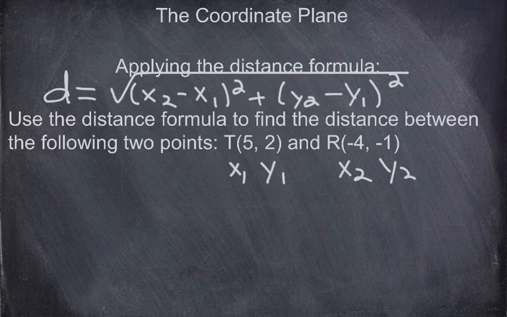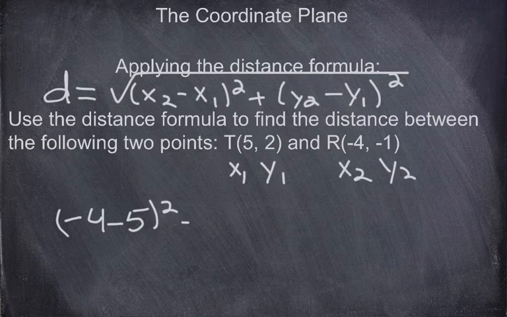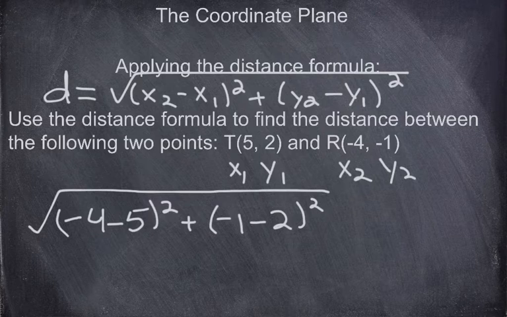So our x2 is negative 4, minus x1, which is 5, and we're going to put that in parentheses, squared, plus our y2 is negative 1, minus y1, which is 2, squared. We're going to take the square root of that.